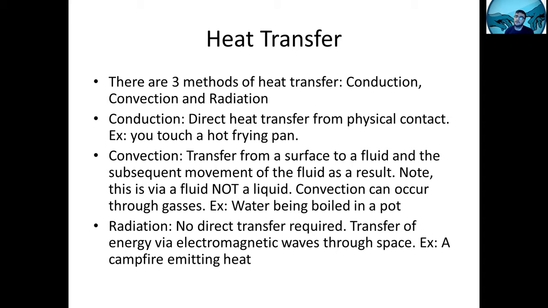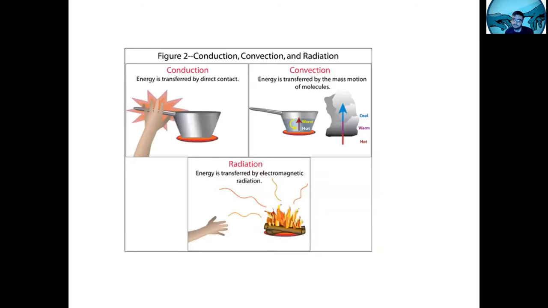But the actual fire itself is not physical, it's not a surface. So it transfers heat through electromagnetic waves. The fire is not an object, right? You can't really touch fire because it's not really an object, it's more like an energy, right?